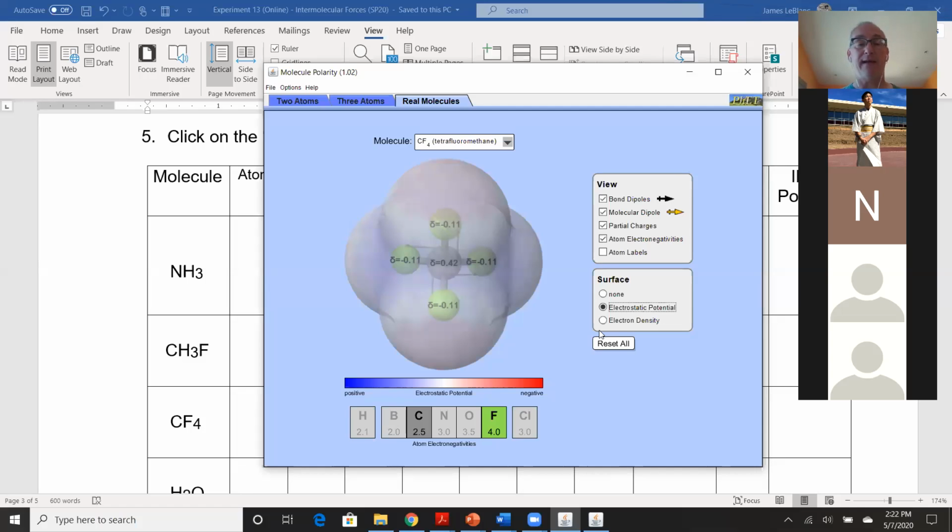And why do you think that would be? Why do you think this would boil at a higher temperature than just CH4? CH4 is equally nonpolar, but this would boil at a higher temperature. Why do you think that would be?